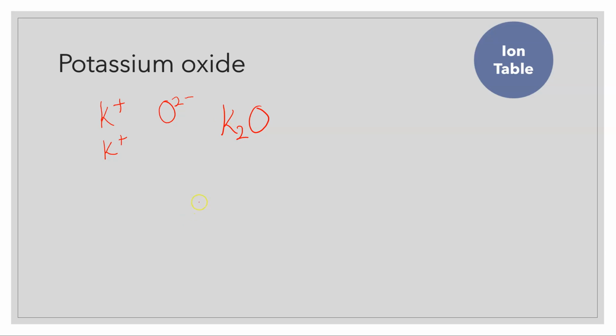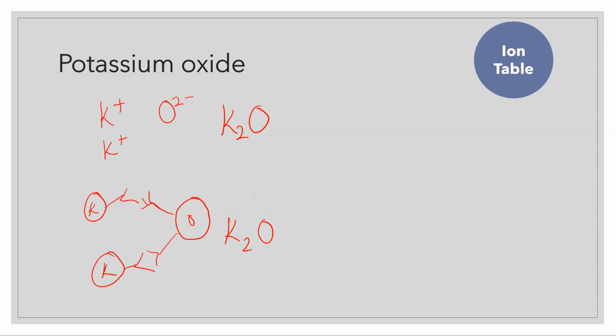So this time we have oxygen here, and it's got 2 arms because there's a 2 before the minus. Okay, and we need our K because there's only 1 plus, so it's only got 1 arm. And we would need to fill this other arm here, so we would need another K. So we've got K with 1 arm, like that. Again, it's going to make K2O.